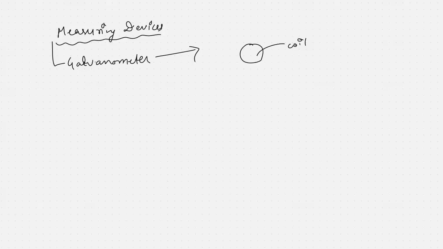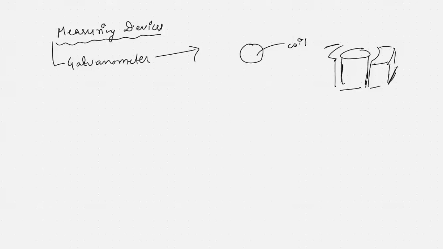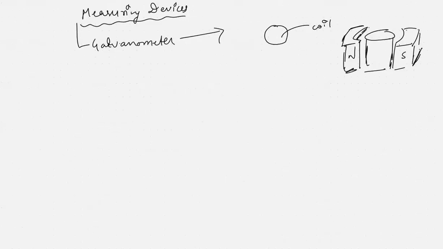You will have a bar magnet over here and another magnet over here, and there's a center. This is a coil. The diagram will look like this. Assuming this to be north, this to be south, you know which kind of magnetic field you are going to get.